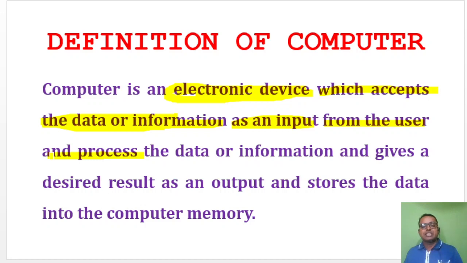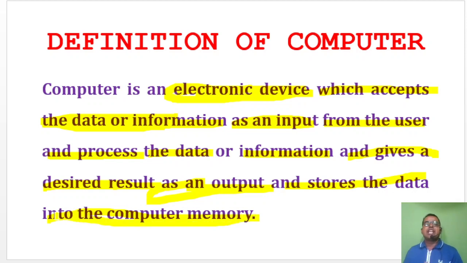After accepting the data, it processes that data or information in the CPU and gives a desired result as an output, and stores the data into the computer memory. So this is the definition of computer.